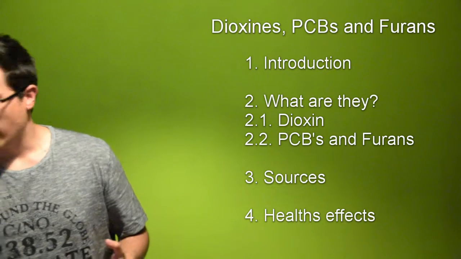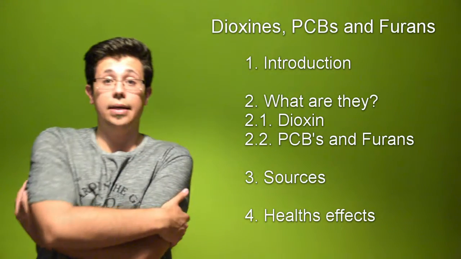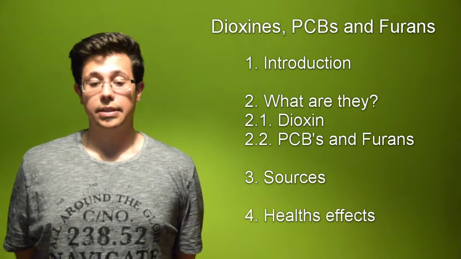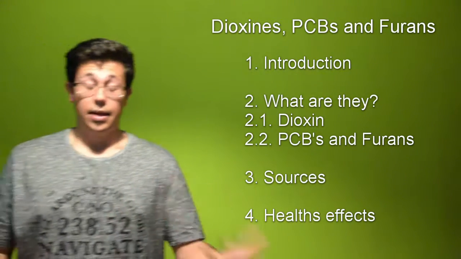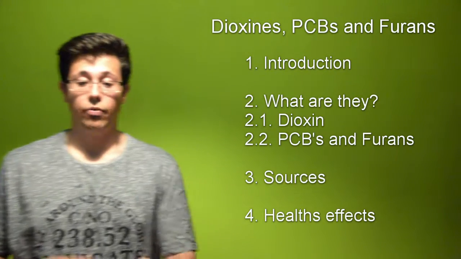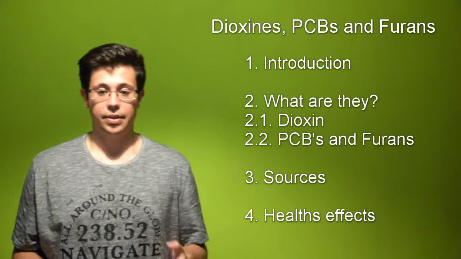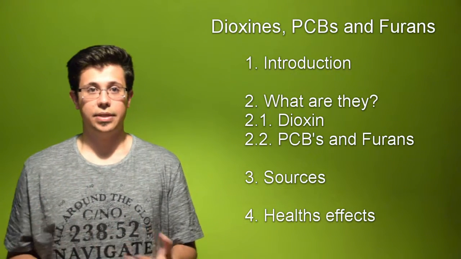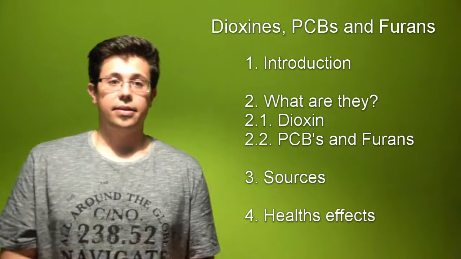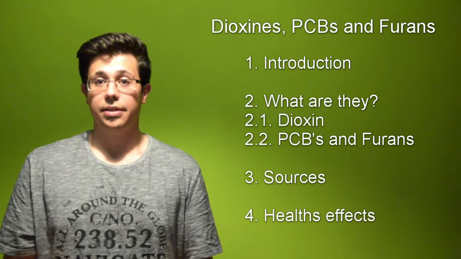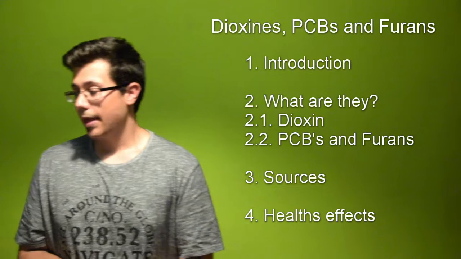Well, once this summary is done, let's move on to the sources. In agriculture, if we use herbicides, the dioxins and furans enter the food chain immediately.